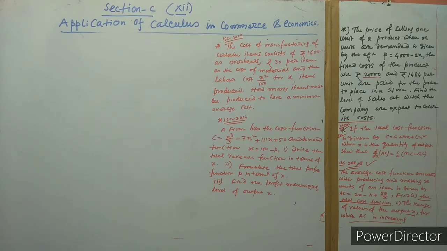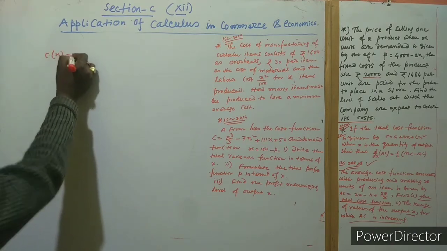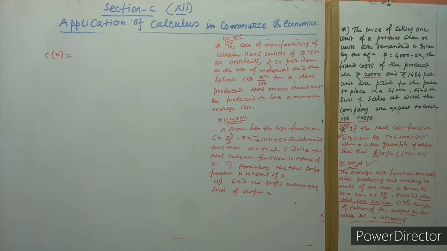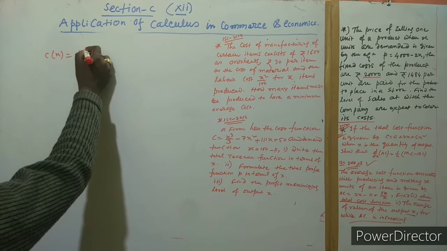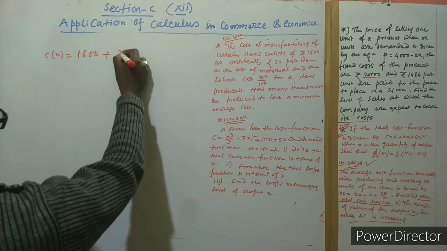see that carefully here. So the cost function is, that is the overhead, that consists of 1600, okay, and per unit price 30 rupees.